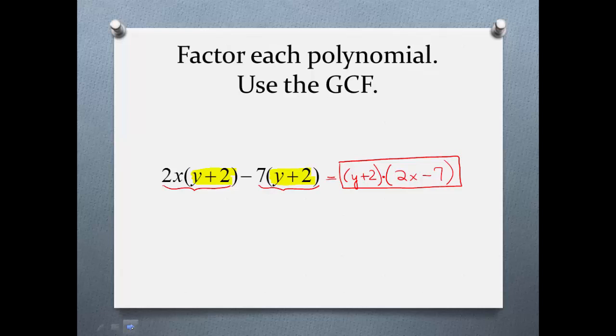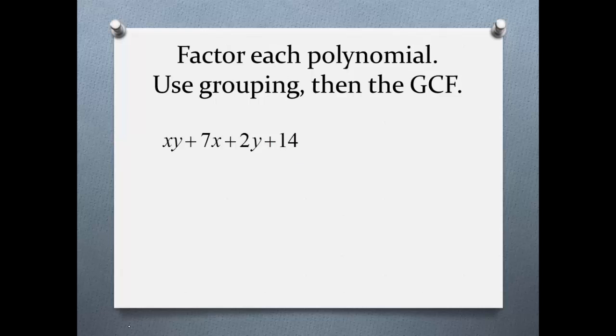So now let's look at something that doesn't have something obviously in common in all of the terms. If I look for a greatest common factor in all four terms, I don't see anything that's common to all four. These first two have something in common. The 2y and 14 have something in common.